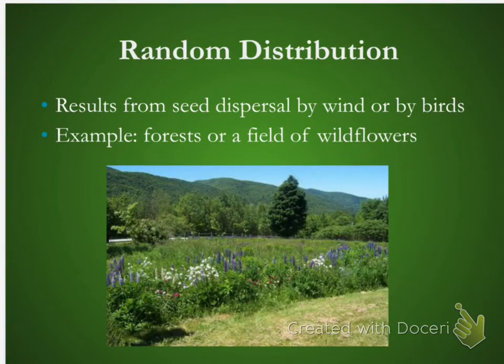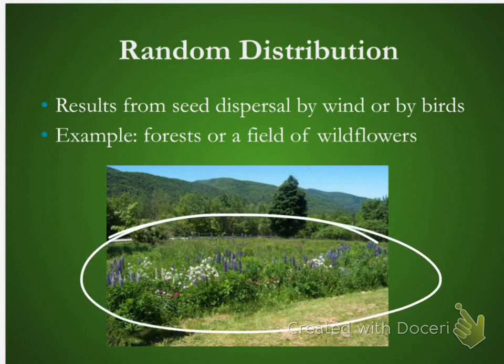Random distributions are a little less common in animals and very often result from seed dispersal by wind or birds. So we find this a lot in plant species. Plants where the wind carries the seeds or a bird drops their seeds. And we may not ever understand that there's no order to it.